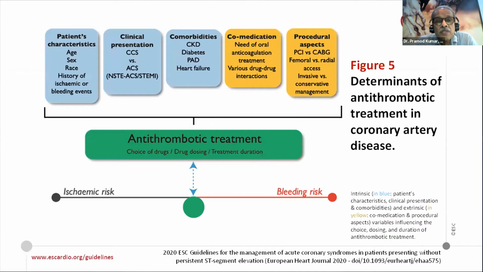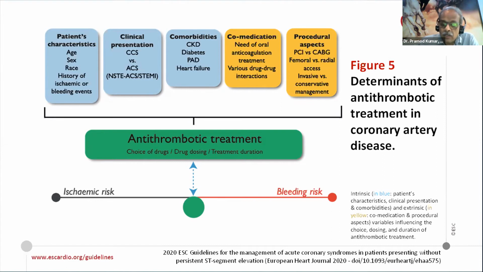So as I was telling you, the antithrombotic and antiplatelet therapy has to consider two factors. One is the bleeding risk on one hand, and the other is the ischemic risk on the other hand. So patient characteristics, clinical presentation, comorbidities, co-medication, and procedural aspects are all taken into account to decide whether the ischemic risk is high or the bleeding risk is high. So you have to strike a balance between the two.